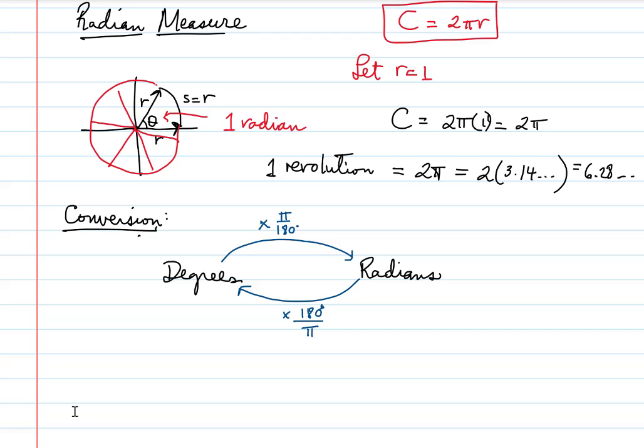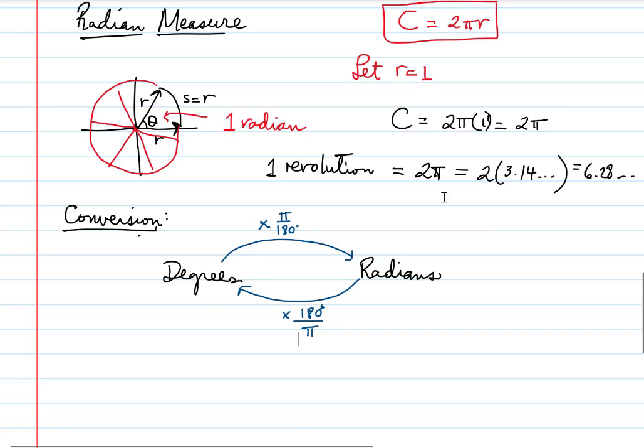Now remember, guys, this should make sense, the factor here, because a revolution is 2 pi, so half of a revolution is pi. And in degrees we know half a revolution is 180 degrees, so really this is pi over 180, or 180 over pi. That's like you're multiplying by 1, so all you're doing is changing the units of the measure.